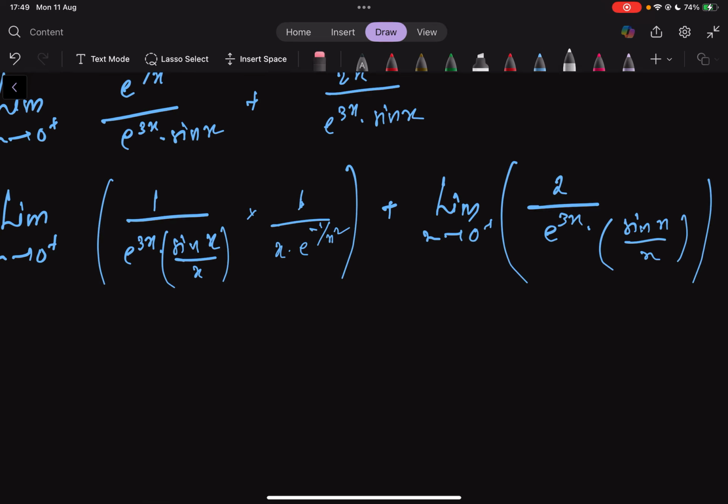Why I have written it in this form is that this part is tending to 1, this part is tending to 1, this part is tending to 1, this part is tending to 1. So this entire limit will tend to 2.